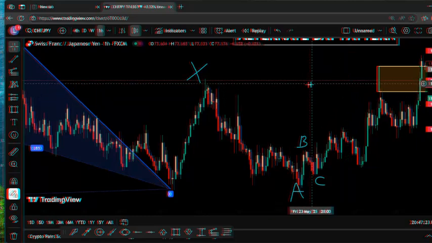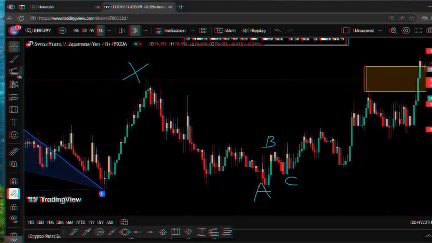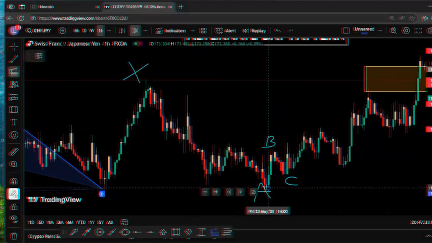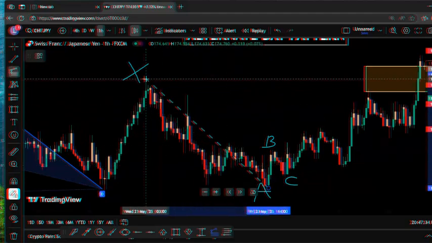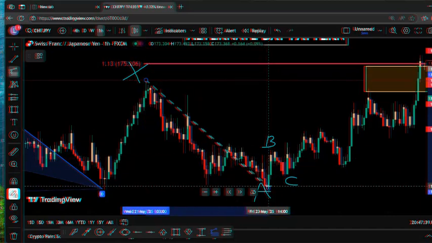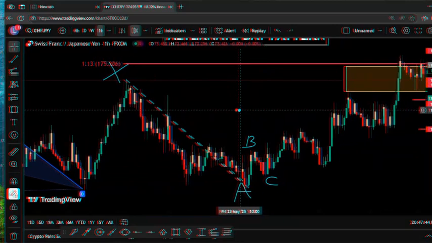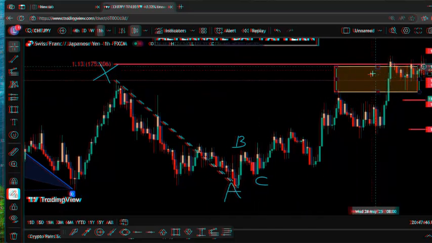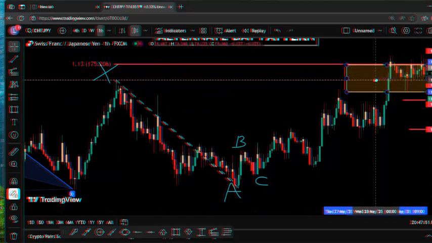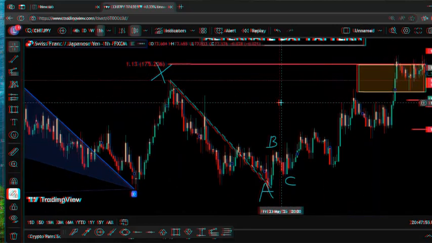So I know for sure, I'll do that again: from X to A, so A to X back to A. I know that between these zones is where I want to be looking to take a sell trade.